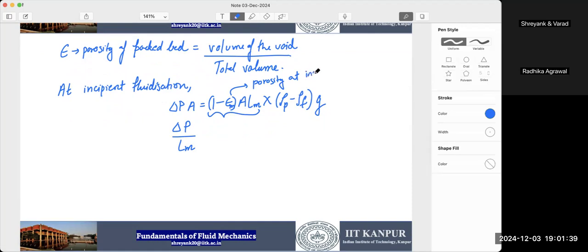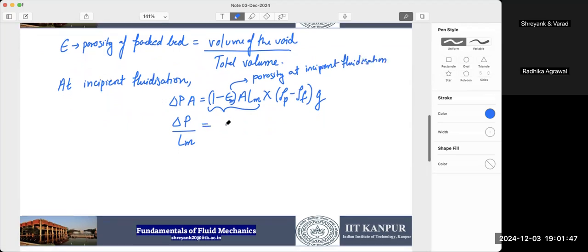Okay, so this is 1 minus epsilon m into rho p minus rho f into g.